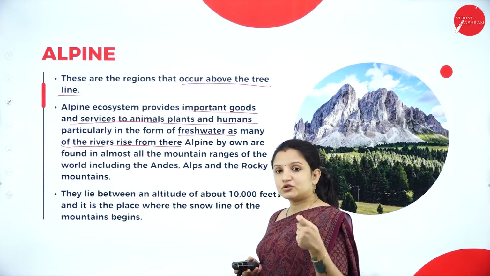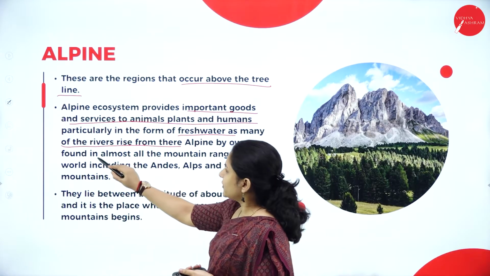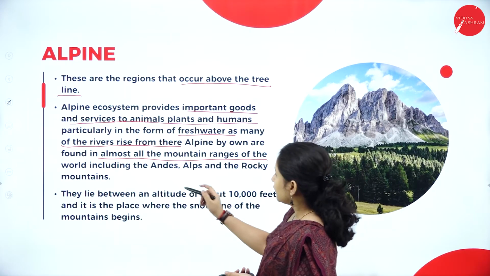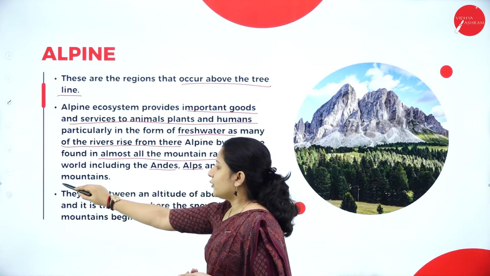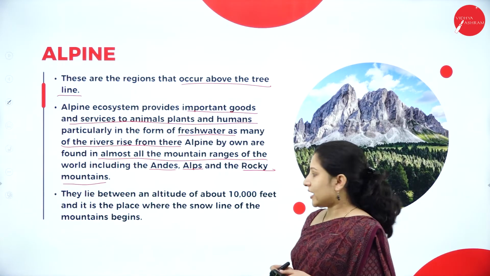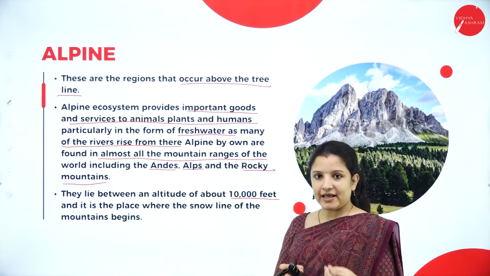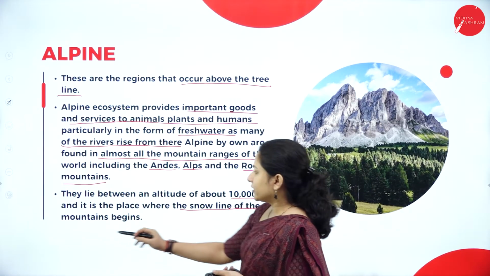So most of the rivers rise from the alpine region, and alpine regions are usually found in almost all the mountain ranges of the world, including the Andes, the Alps and the Rocky Mountains, and they lie at an altitude of about 10,000 feet, and it is this place where usually the snow line of the mountain begins.